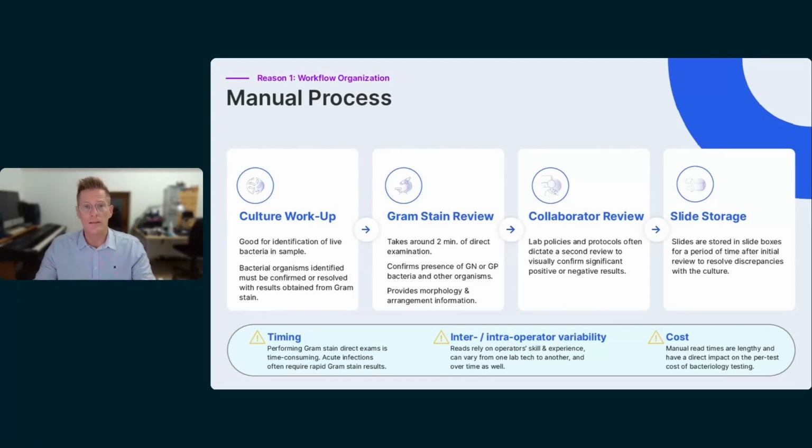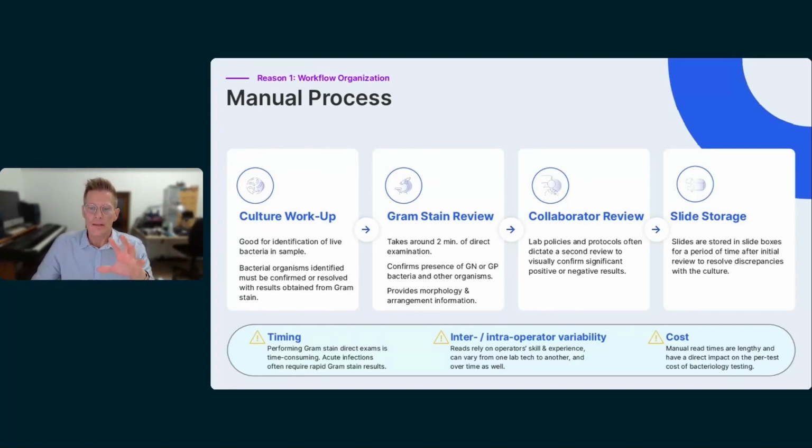What happens next is you've got collaborator review, which in most laboratories, they've got policies that require them to have a secondary consultation upon positive cases or even certain negative results. And then once that happens, all of those slides need to be stored short term in case there are discrepancies in the cultures that need to be discussed.